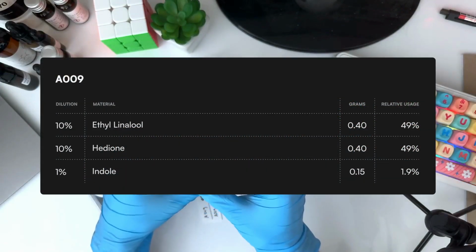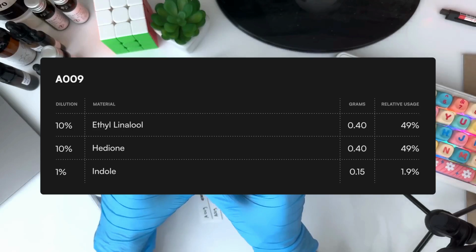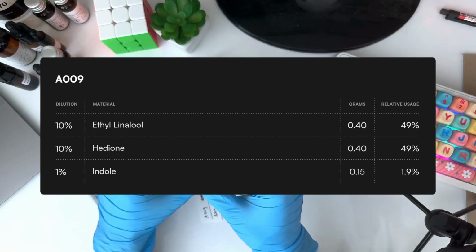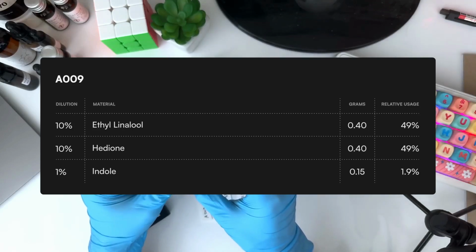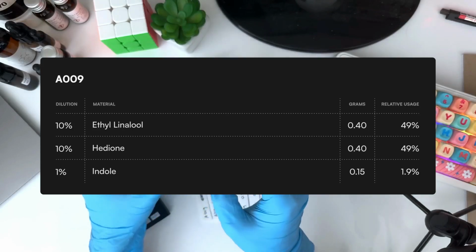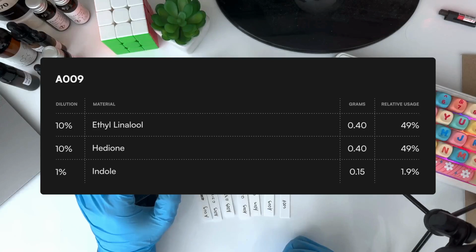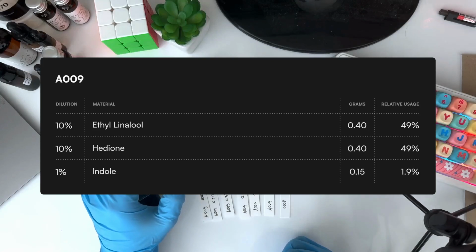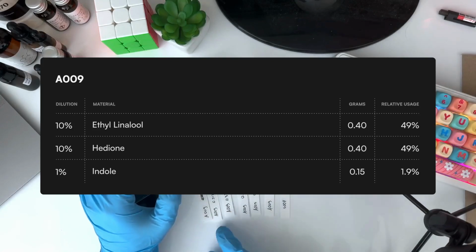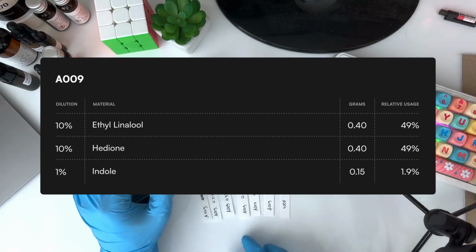I combined Ethyl Linalool diluted to 10% with Hedione diluted to 10%, both at 0.4 grams, and then I added Indole again diluted to 1%, and I started by adding 0.10% relative usage of Indole, and I kept adding and smelling and making new test strips.